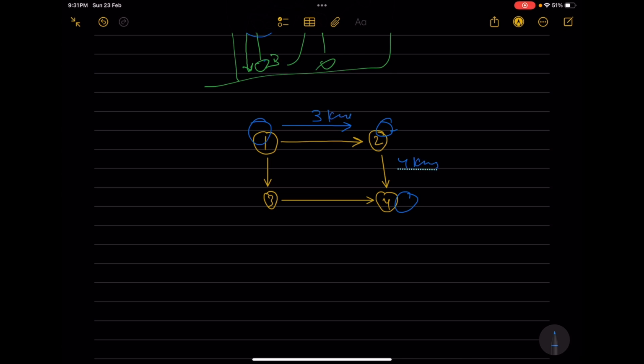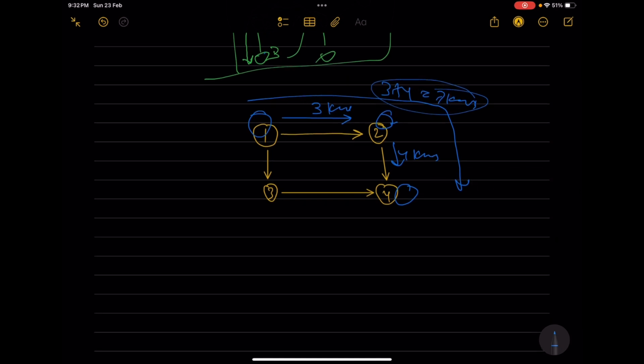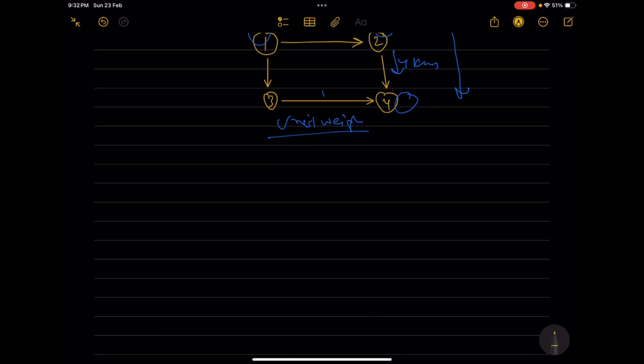These are just some random numbers. Cool. So what we can say from here, if we want to travel from 1 to 4, the total distance becomes 3 plus 4 is equal to 7 kilometers. Cool. So by default, if in the question it is not mentioned anything, then we can consider the unit weight. That means 1.